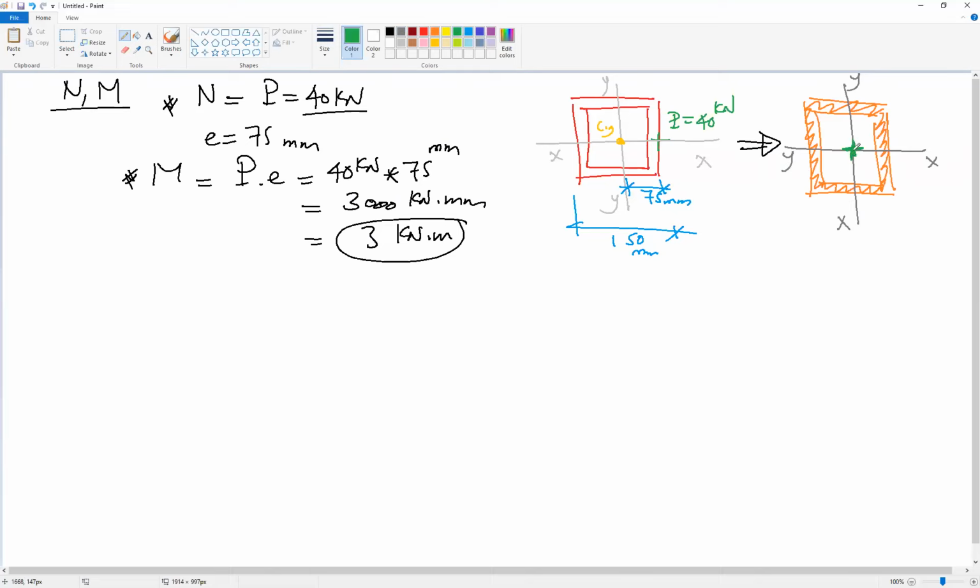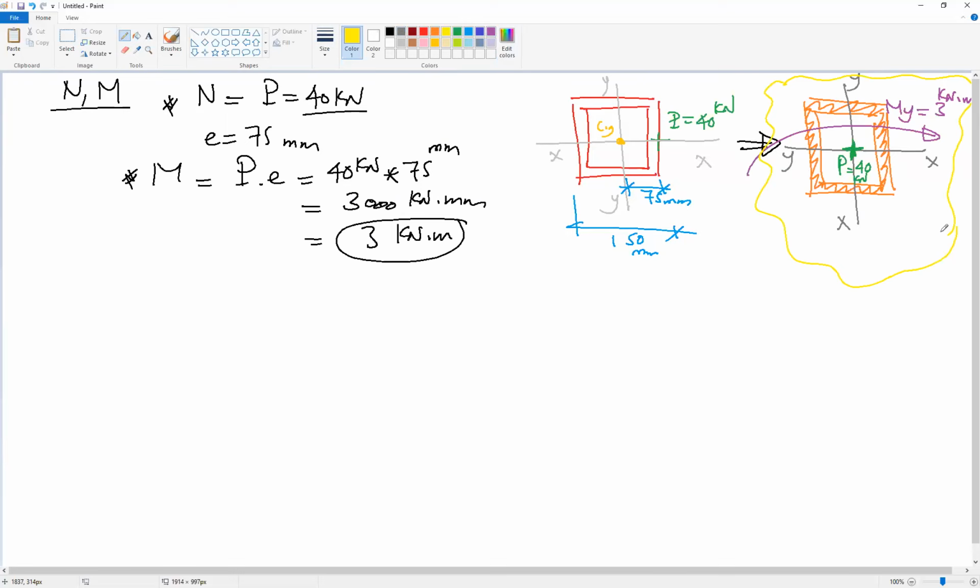So P is acting now at this point, P equal to 40, and we have another additional moment My equal to 3 kilonewton meter. Okay. In other questions, he may give you the cross section like this to be easier for you. Okay.